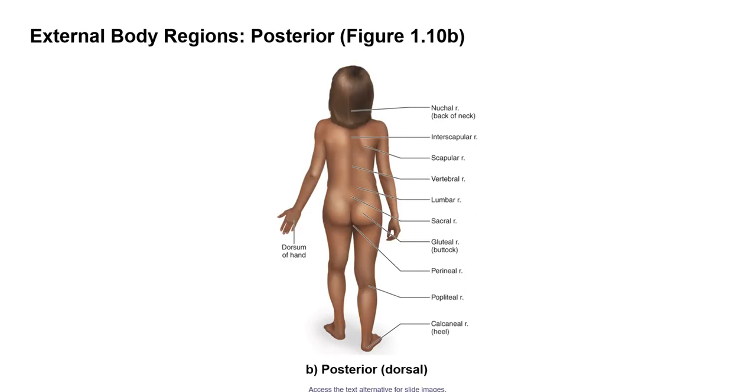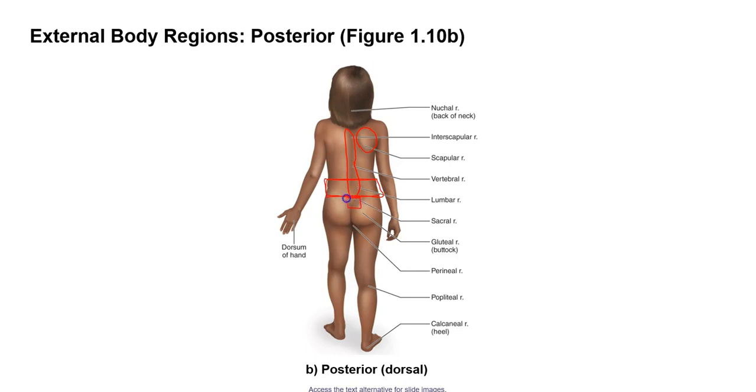A few names are different on the back. A few important ones, we have the scapular region, which are your shoulder blades. Vertebral is your entire region where your vertebrae are located. Lumbar is your entire lower back.